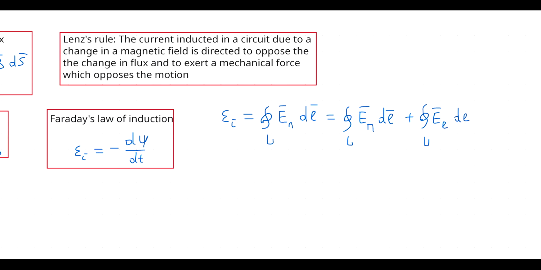Why can we do this? Because we know from electrostatics that the electrostatic field is always a potential field, and it means that this integral is equal to 0. And because this integral is equal to 0, we can write this equation.